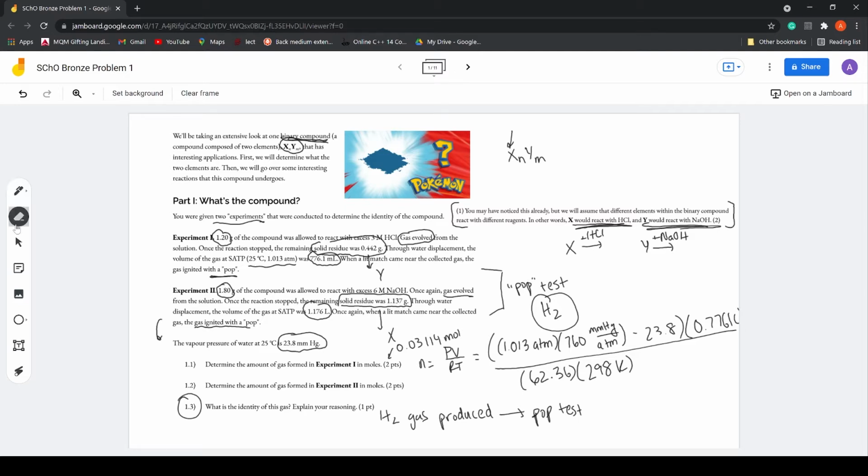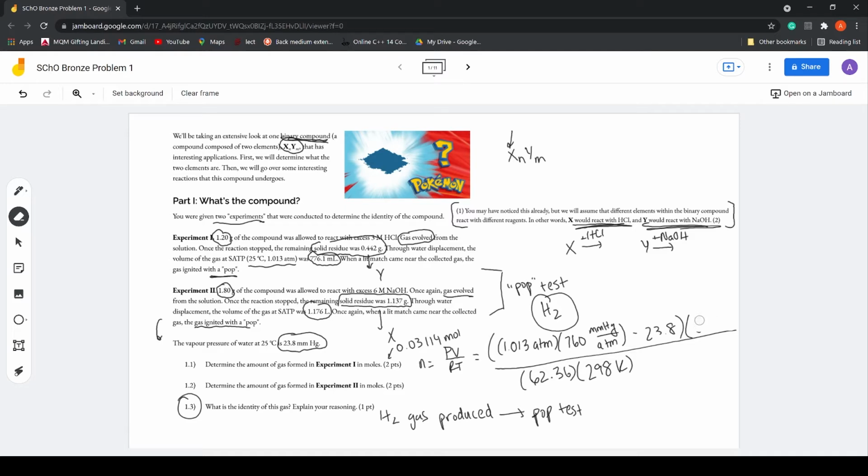And now we can do the same exact thing, but for experiment 2. So what do we have to change? We just have to change a few numbers. With experiment 2, the pressure is again at SATP, so we have the same exact pressure of gas because we take the 1.013, convert that to millimeters of mercury, and subtract off the vapor pressure of water. But our volume of the gas is different, so we just have to change that.